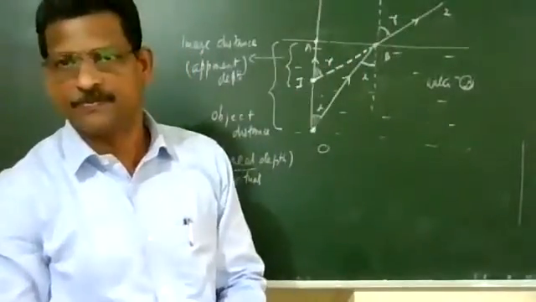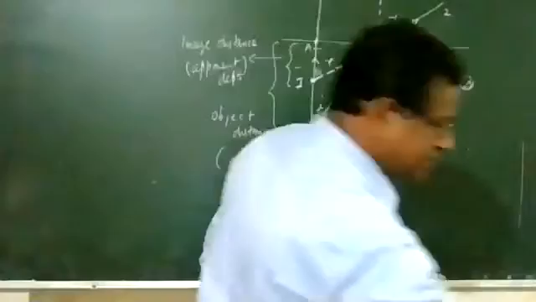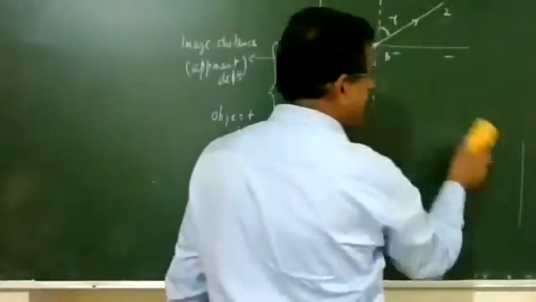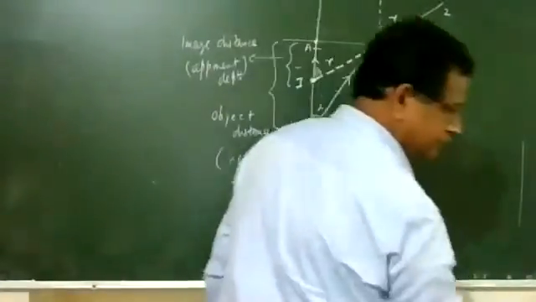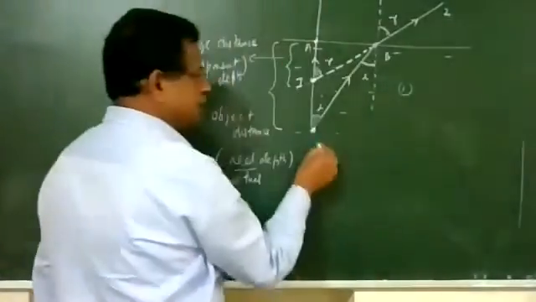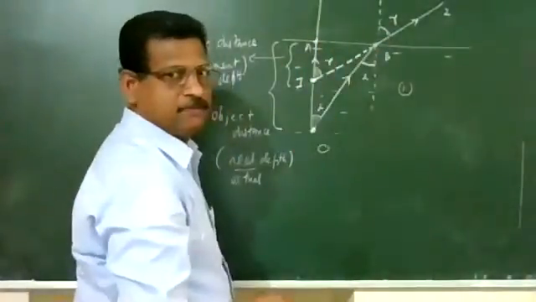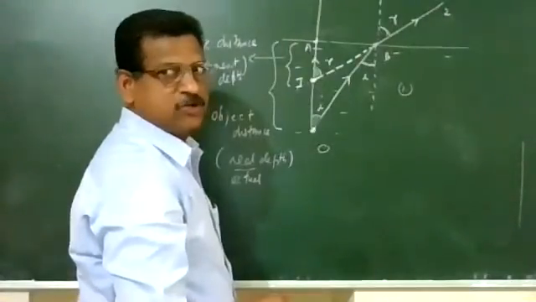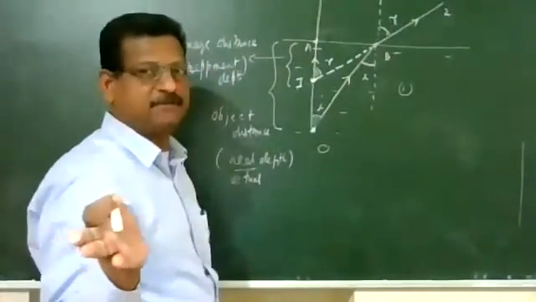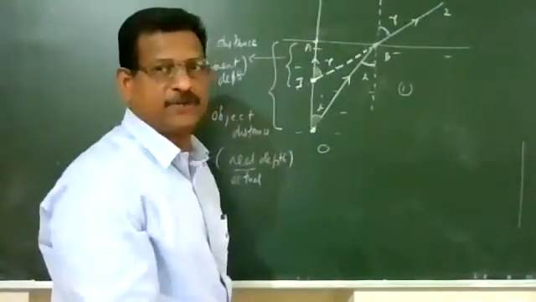Two pairs of triangles we are going to discuss. I am writing here on the right side. First pair of triangles: look at the triangle OAB. We are using Snell's law. If you calculate sin I and sin R, the ratio sin I by sin R will give you the refractive index.